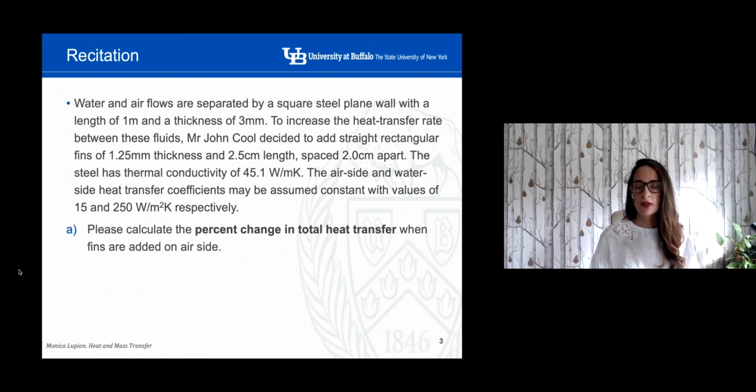So what we're going to have to do here is calculate heat per area when there is no fin, and then heat per area when there is fin, and compare these two values. Okay, let's go for it.